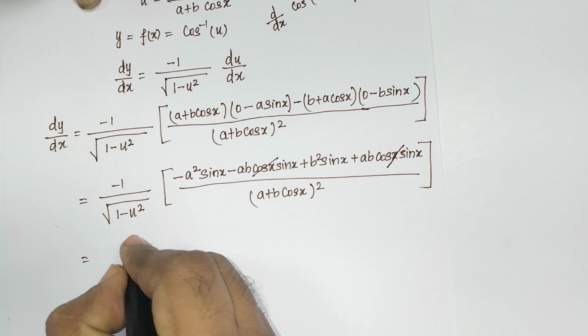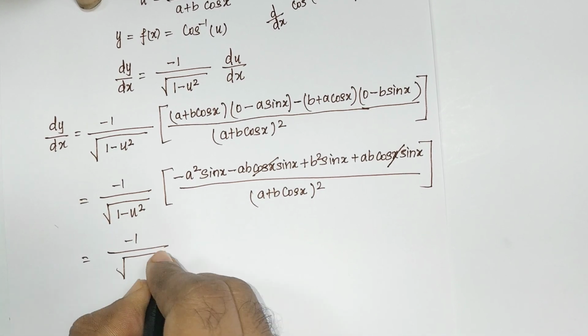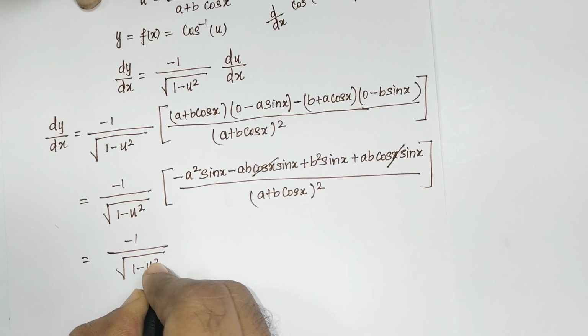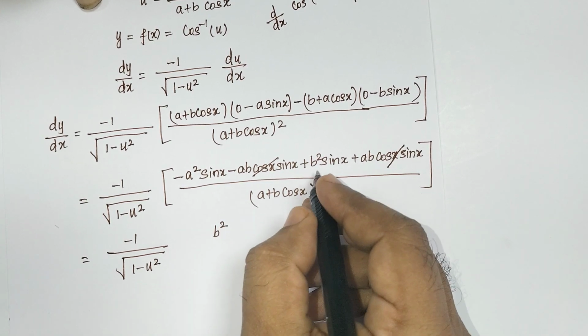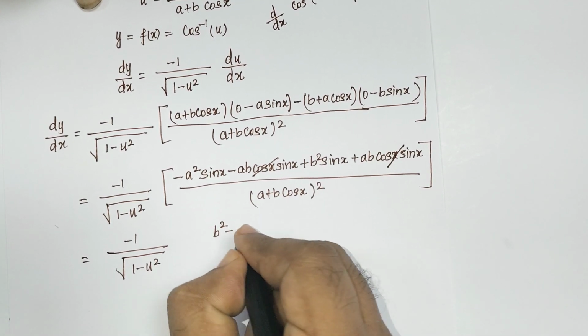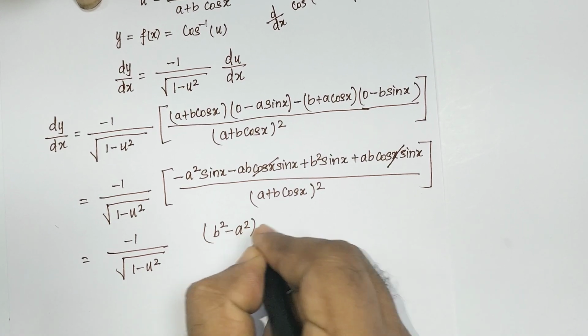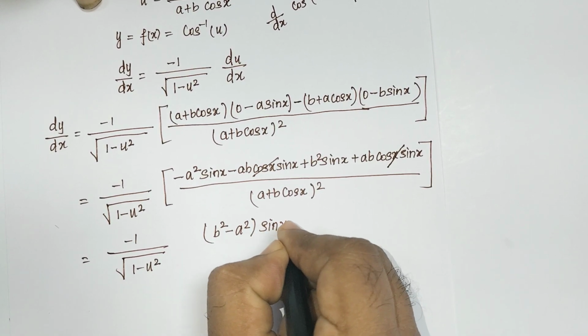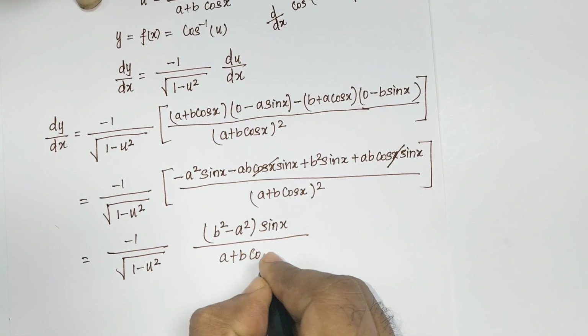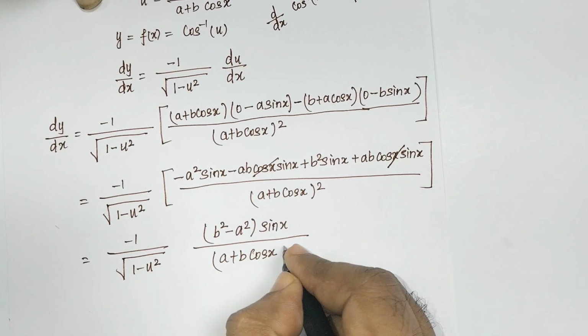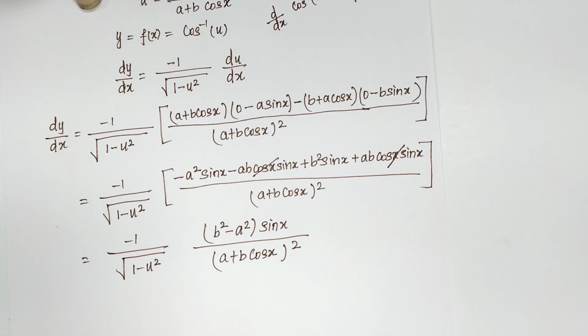I will write minus 1 divided by square root of 1 minus u square. Here I have taken sin x commonly outside: (b square minus a square) sin x divided by (a plus b cos x) whole square.